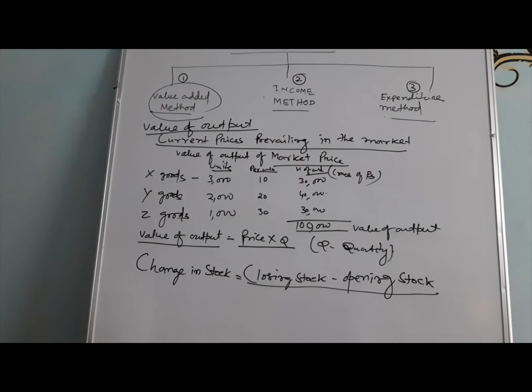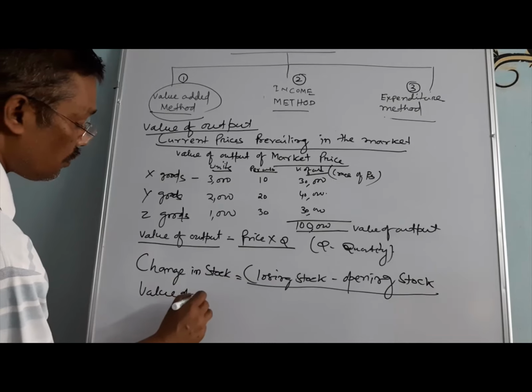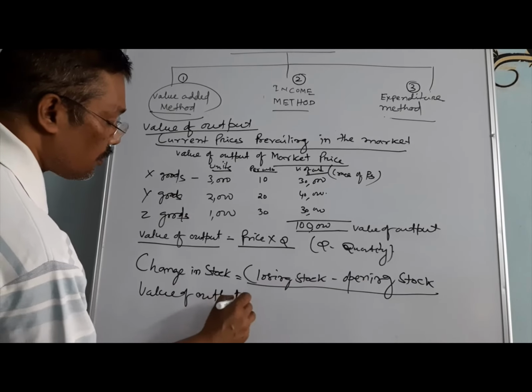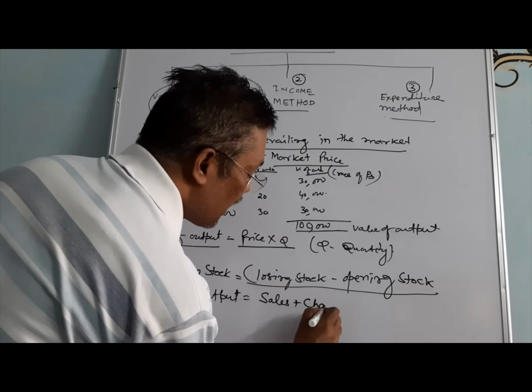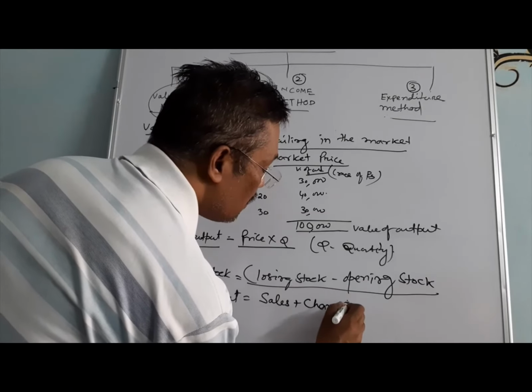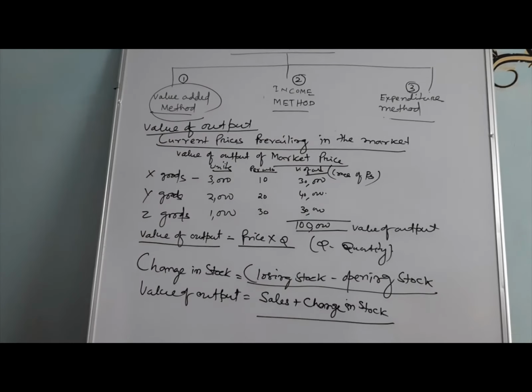So if the quantities are not sold in the market, then the value of output equals sales plus change in stock. This is called the value of output.